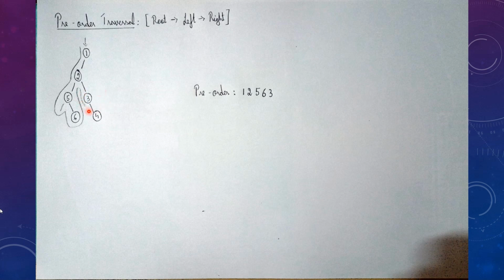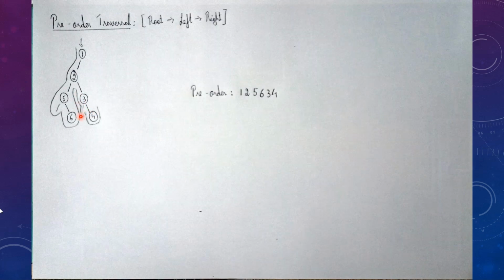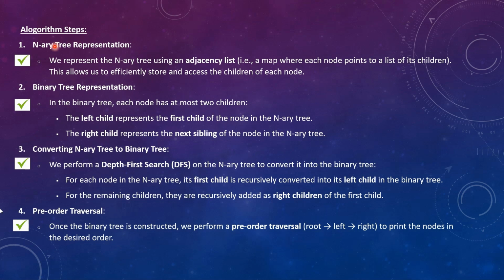So we write 3. Since 3 has no left child, we cover 4, that is the right child of 3. So this is the final pre-order representation: 1, 2, 5, 6, 3 and 4. Now we have completed all 4 steps and we have finally encoded the N-ary tree into a binary tree and represented it as a pre-order traversal.